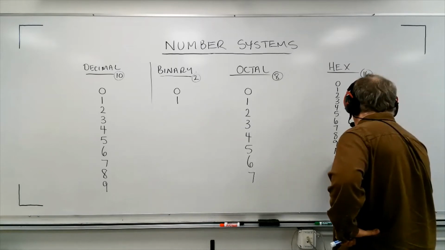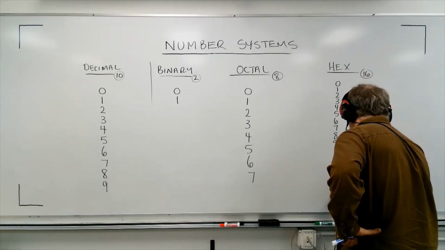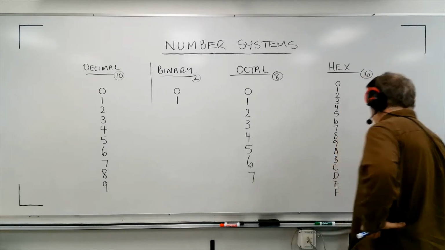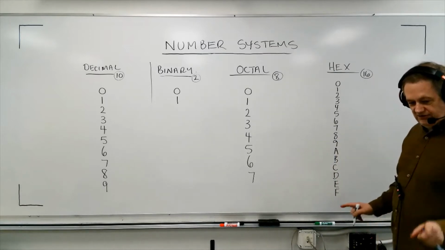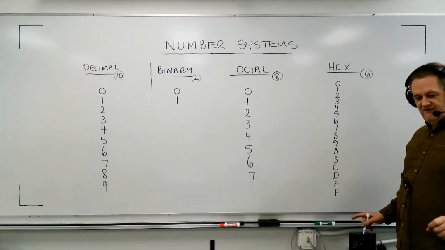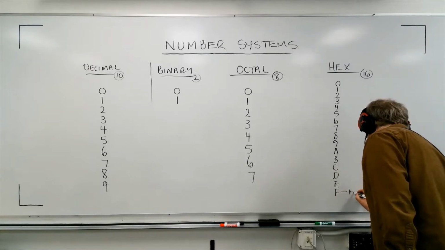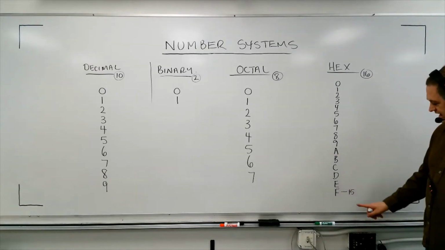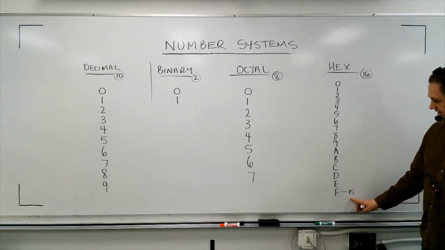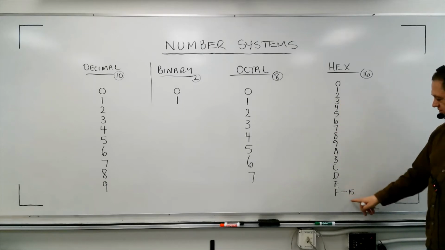A, B, C, D, E, and F. Now, the value of F is easy to remember because it's 15. We can't write 15 because that would be using a 1 and a 5, so it wouldn't be a unique character.